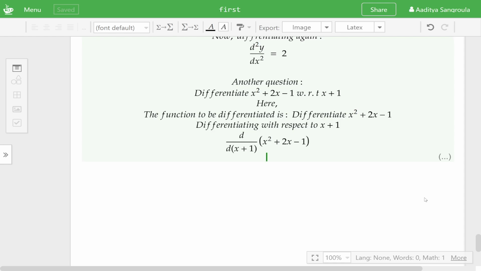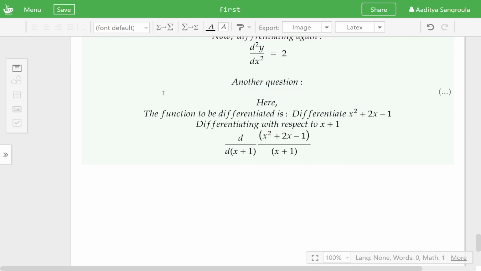Or we can multiply, but dividing and multiplying is the same thing. Okay, let's divide. If I divide both by x plus 1, this x plus 1 is going to be cancelled out. But I don't think this works in this way.